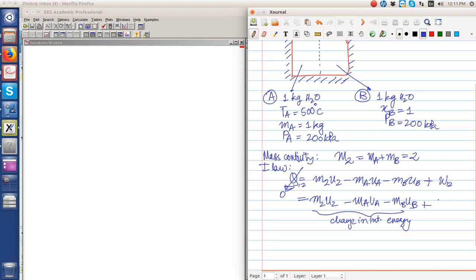W12 is P multiplied by V2 minus P multiplied by VA plus VB, because the pressure is constant.